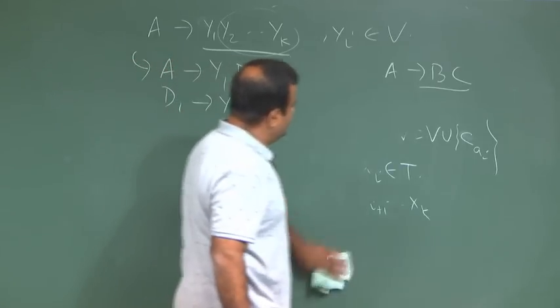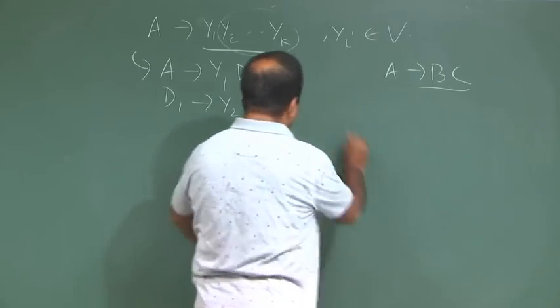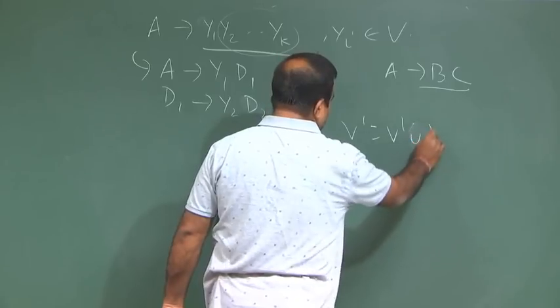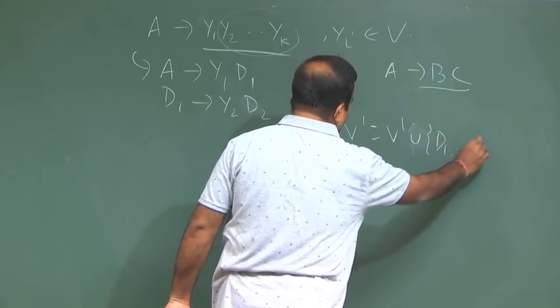So, we keep on adding this. Now, V prime is V prime union d1, d2, and so on. How many are there?